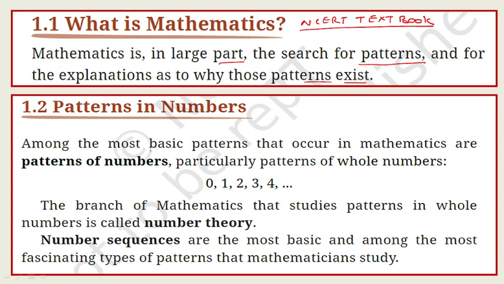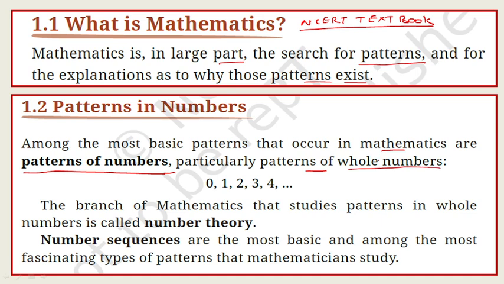That is called patterns of numbers. Among the most basic patterns that occur in mathematics are patterns of numbers. In mathematics we use numbers 0, 1, 2, 3, 4, 5, and particularly patterns of whole numbers.